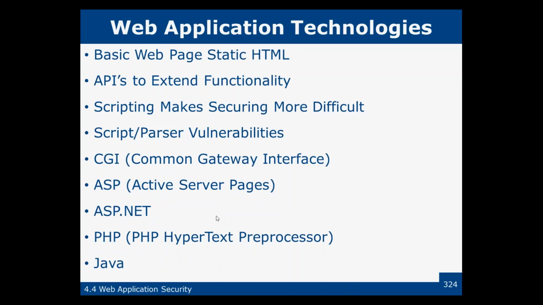It didn't provide enough motion and action and options, so we added APIs, application program interfaces, to extend the functionality of the web page. When we did that, we added scripting, and several different kinds of scripting, some of which are more vulnerable than others, some of which some browsers and some operating systems won't support anymore.